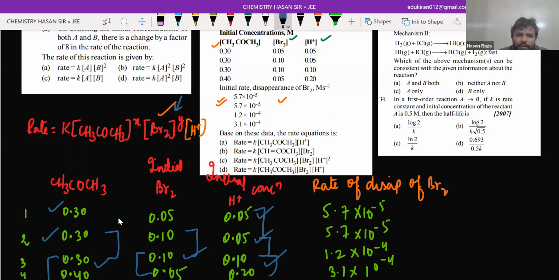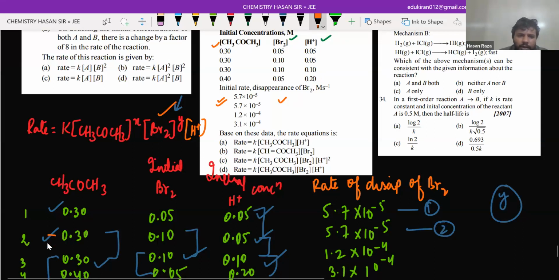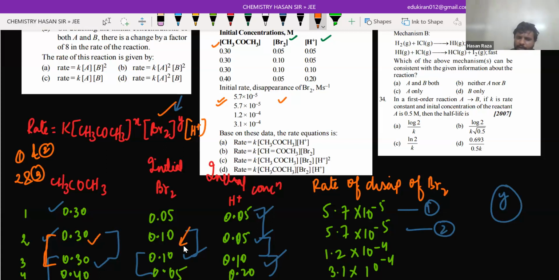In the first equation, equation number 1 and equation number 2, you will be able to get Br2 raised to the power y. Then you can choose another pair, like second and third. In the first, you use 1 and 2 and take the ratio. In the second, second and third. When you use second and third, you can see that the CH3COCH3 will be cancelled, and this will also be cancelled, because they are equal.